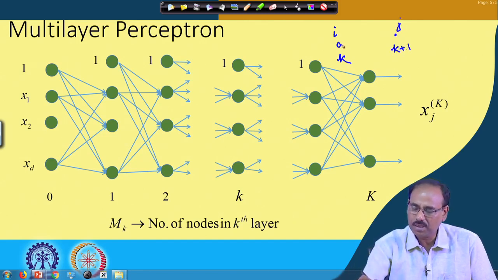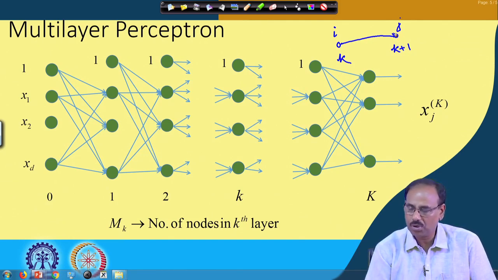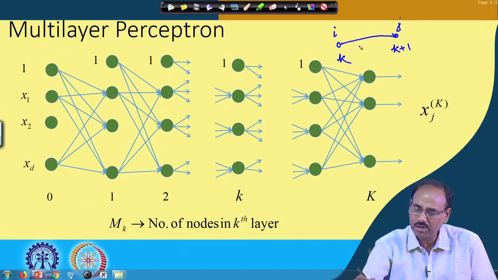The output from the node i is connected to the input of node j. Output from node i in the kth layer is connected to the input of the k plus first layer through a connection weight, which is w_ij^(k+1).